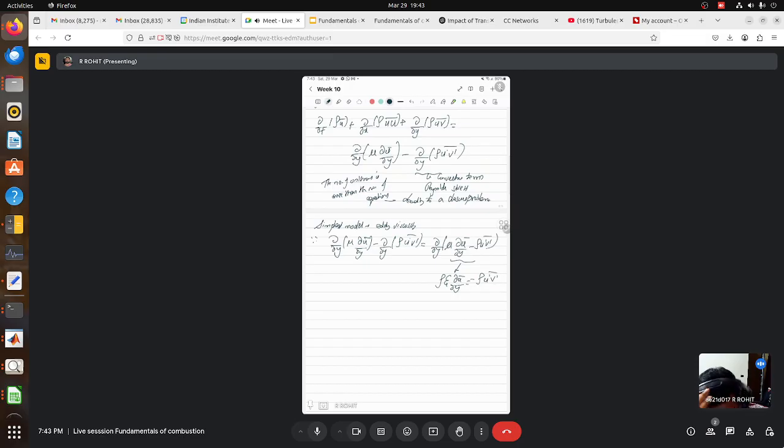When you substitute all this, you are left with dou by dou y of mu dou u bar by dou y plus rho epsilon dou u bar by dou y, equal to dou by dou y of mu effective dou u bar by dou y.